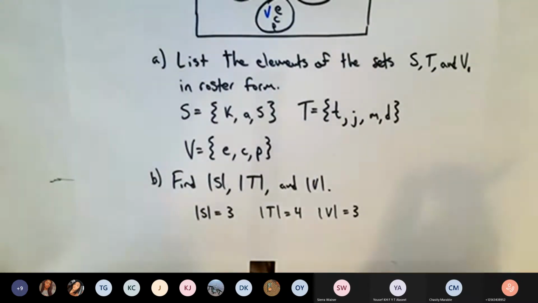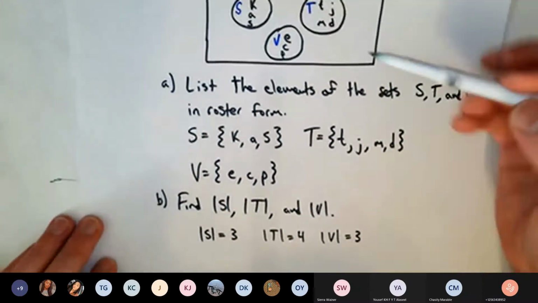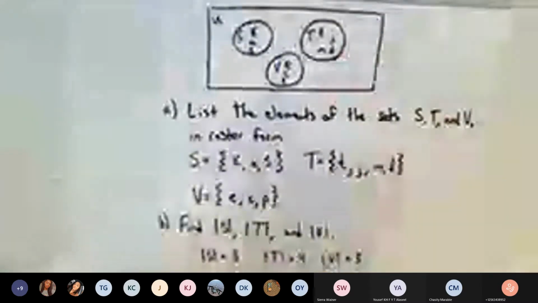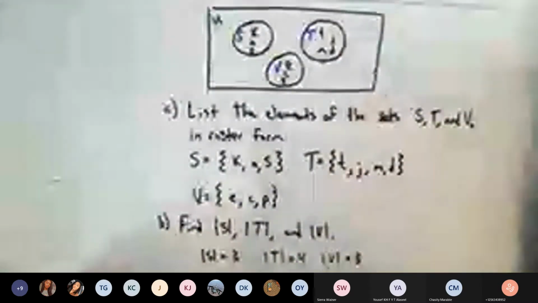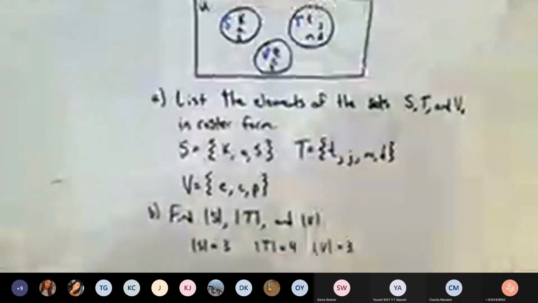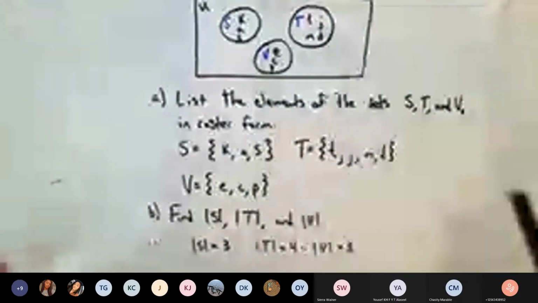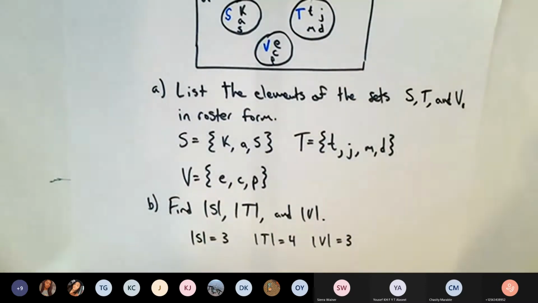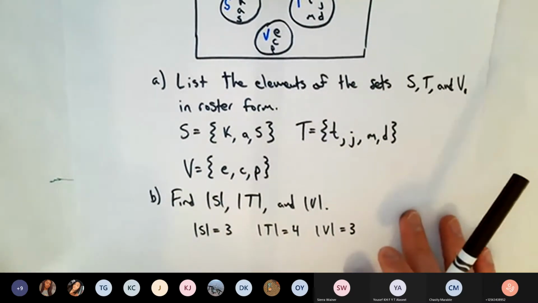And do you have to list them in roster notation to be able to see that? Well, no, because you have a picture of the sets here with the elements listed out. But it can help to list them in roster form, I suppose. In this particular problem, there's no real advantage to writing them this way. It's just a good exercise.